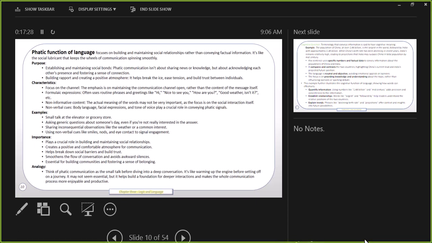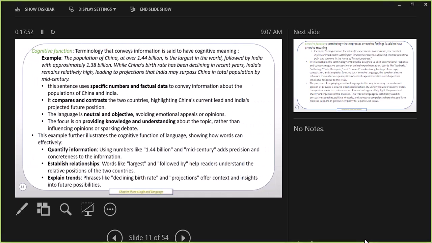Importance: plays a crucial role in building and maintaining social relationships, creates a positive and comfortable atmosphere, right? So they are neither cognitive, nor emotive, nor directive, nor performative, but a kind of starter for further conversation, right? These are principal functions of language which are not common in logic. The principal functions of language common in logic are only the cognitive and emotive functions of language.